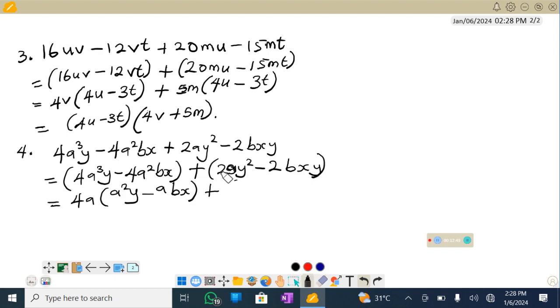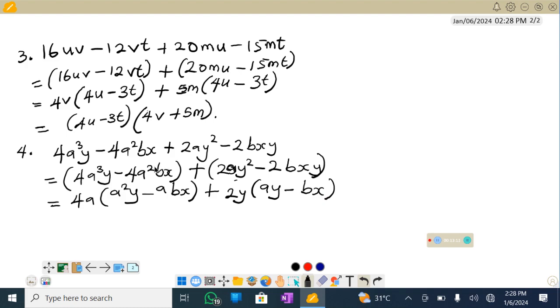What is common here is 2 and y. So you have 2y. You open your bracket. So what is now left here is a y, okay, minus, when you do that here, you have bx remaining.